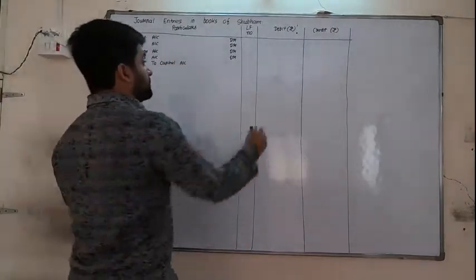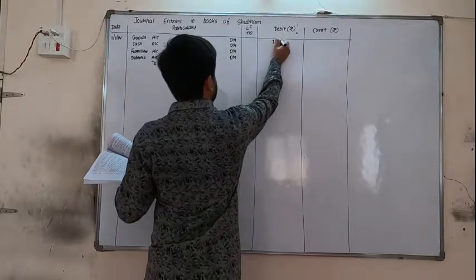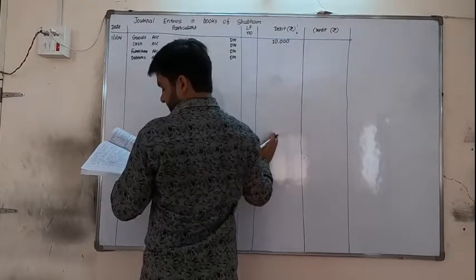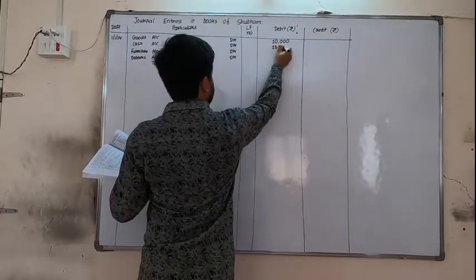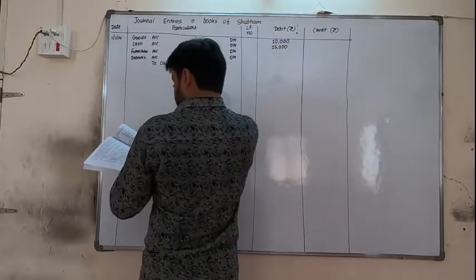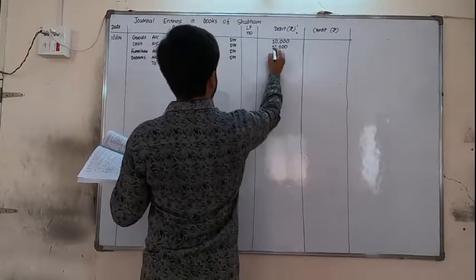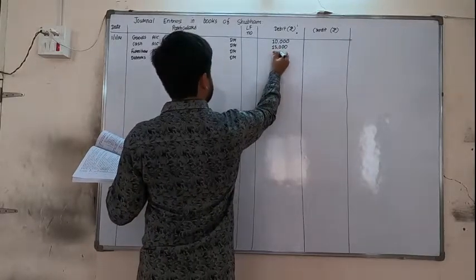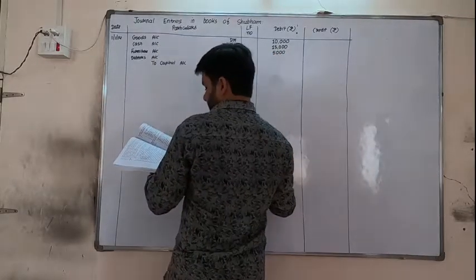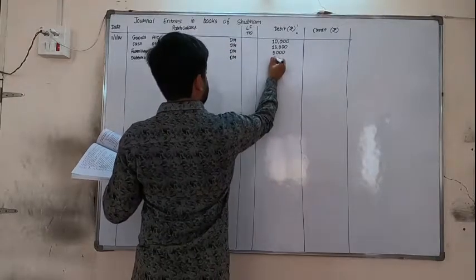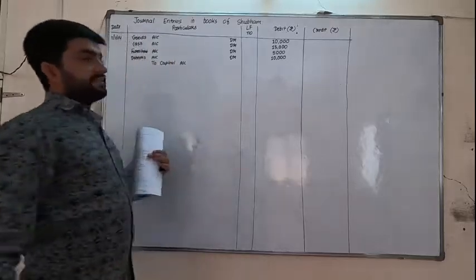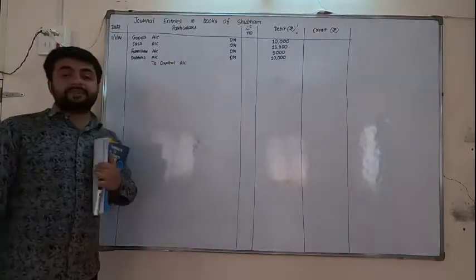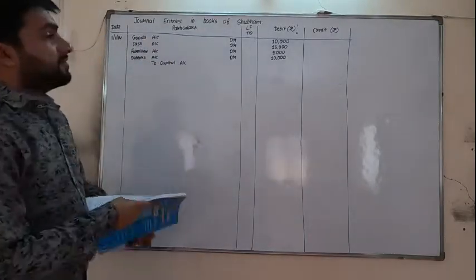Now goods are of 10,000, so goods 10,000, cash is 15,000, so cash 15,000, furniture is 5,000, so furniture 5,000, then debtors are 10,000. Make a total and write it here. This thing is important in a combined journal entry, that debit should equal credit.